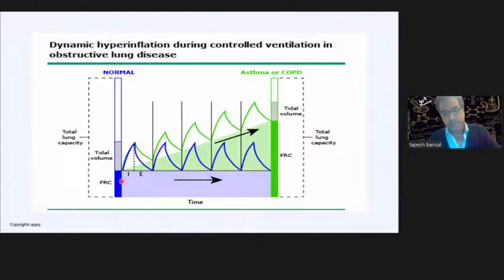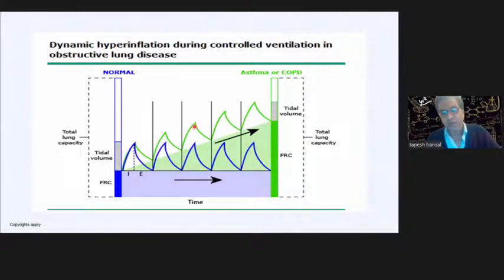So if there is dynamic hyperinflation, that is, the patient is not able to breathe out completely and exhalation is incomplete, you will have volume trapped at the end of expiration, which will lead to an increase in pressure at the end of expiration, which is called auto PEEP, and with each progressive breath, this green is increasing volume which is being trapped in the lungs.